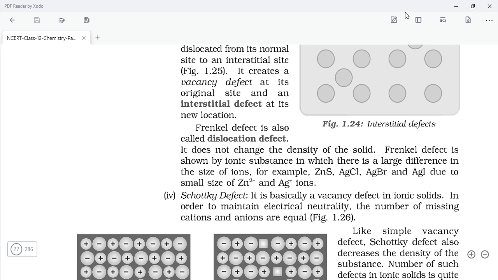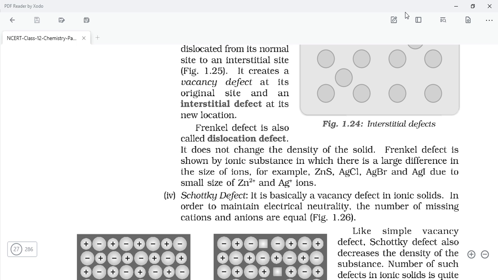Usually the cation is smaller than the anion, so the more the difference between the size of the anion and cation in the lattice, the more chances that the cation has space to move around and change its location more easily.